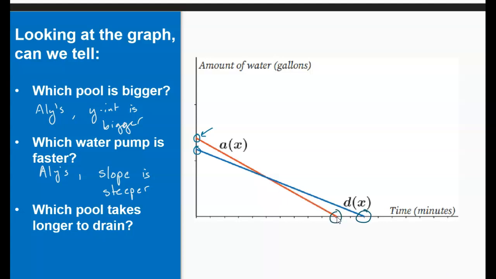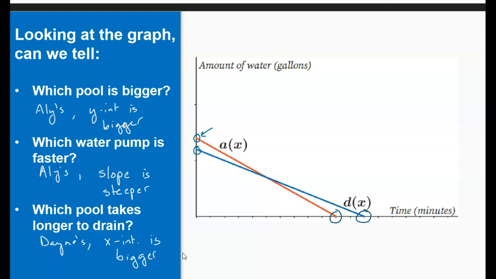So this one hits it at this point in time, this many minutes, and this one takes some amount of time longer, some minutes more. So Dane's pool takes longer to drain, and we can tell that because the x-intercept is larger.